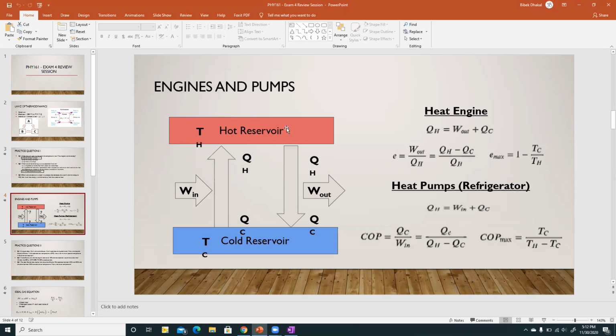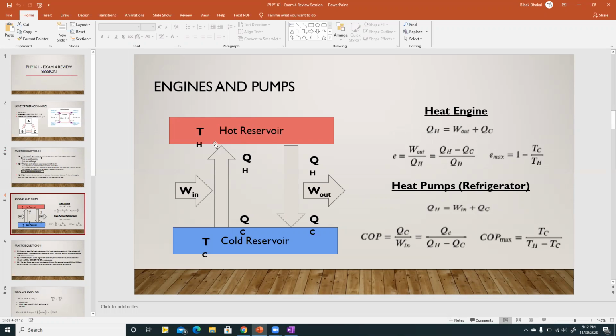There are also other reverse heat engines that are called refrigerators or heat pumps. What they do is transfer heat from the colder reservoir to the hot reservoir. So this one is the heat engine, and this direction is the refrigerator, because you're transferring heat from the cold reservoir to the hot reservoir.